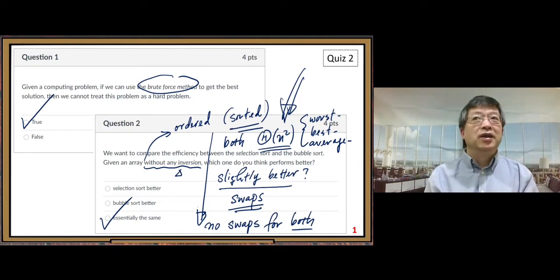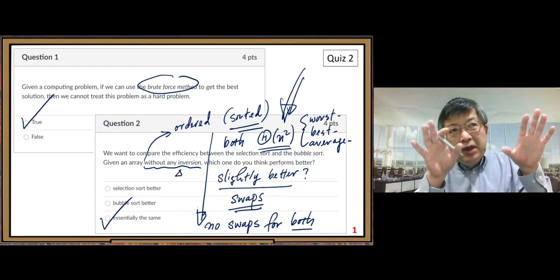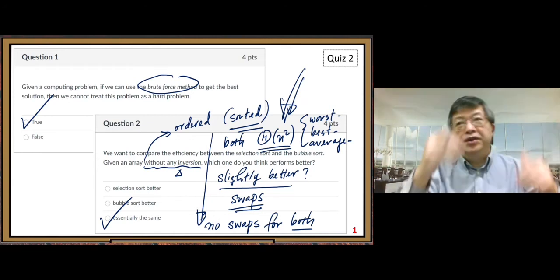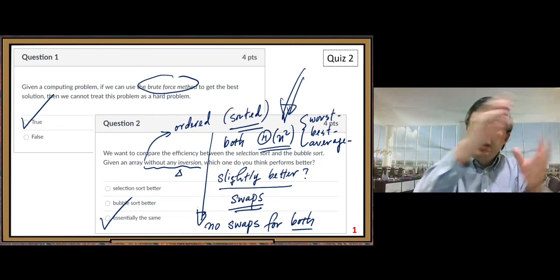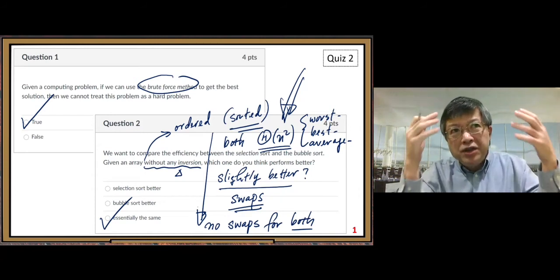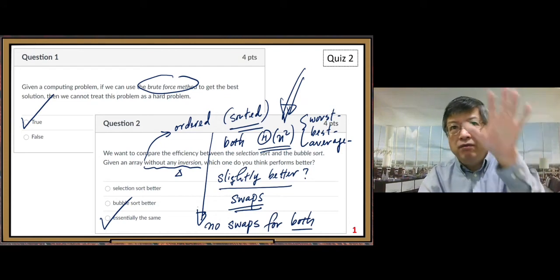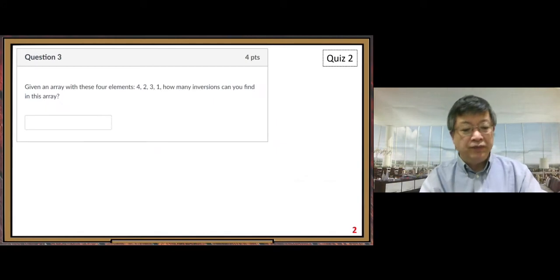So you can see for a question like this, I'd like you to have a little deeper understanding, not just try to memorize some existing result. You need to have some basic analysis. You need to understand the details of both algorithms. All right, so let's move to the next question.